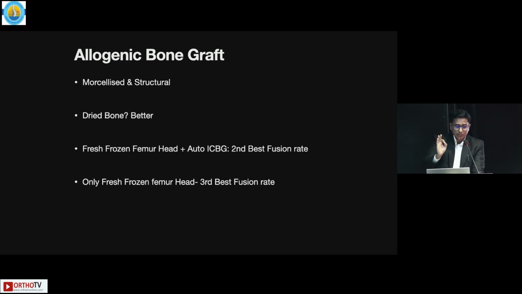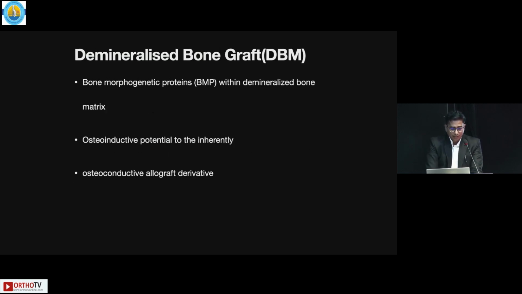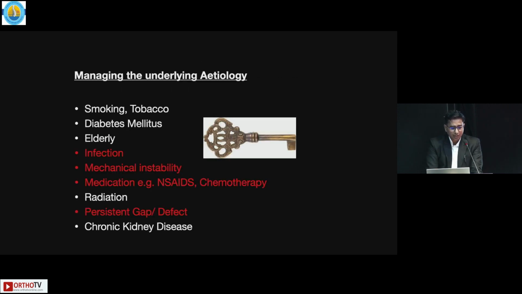So I suggest you use a fresh frozen femur head, which is next to iliac crest bone graft, and we can make it much better when we incorporate it with iliac crest bone graft. Demineralized bone graft is also available from most of the companies. It has some BMPs, and also has osteoinductive and osteoconductive properties.